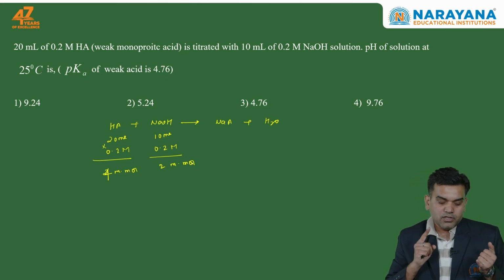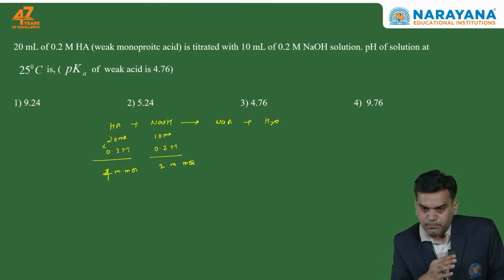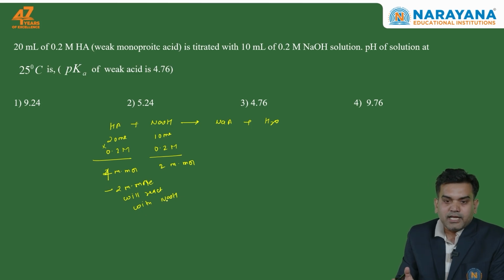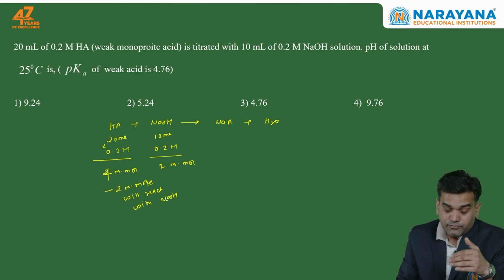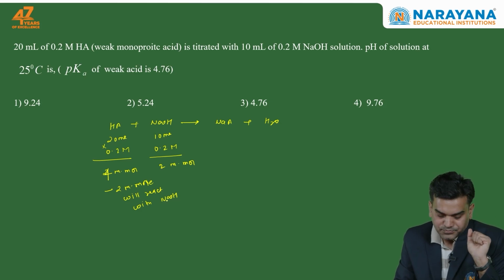So out of 4 millimoles of HA, 2 millimoles of HA will react with NaOH completely. As per this stoichiometry, if 1 mole of NaOH reacts with HA, it will give 1 mole of the sodium salt NaA.